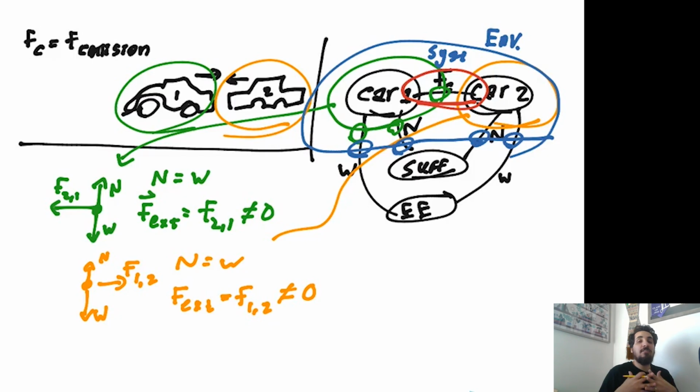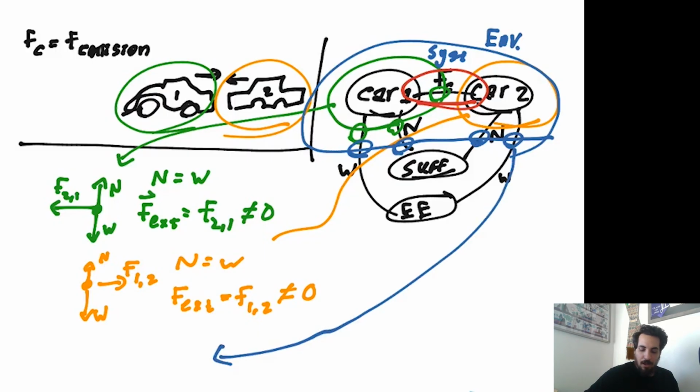It is an internal force, not an external force. So when we draw our free body diagram, which only considers the forces that are external to our system, we will only have the normal force on car 1 and the normal force on car 2 going upwards. We would have the weight of car 1 going downwards and the weight of car 2 going downwards.